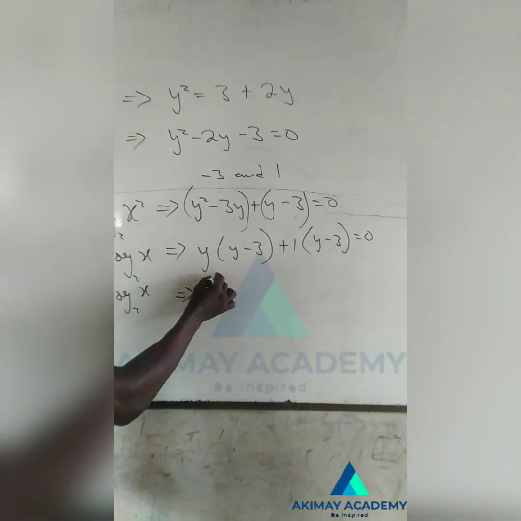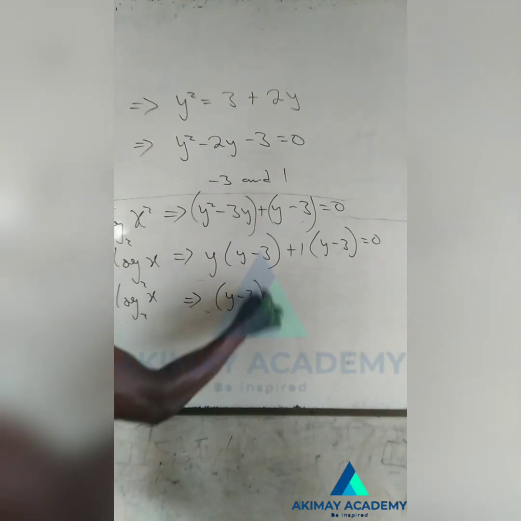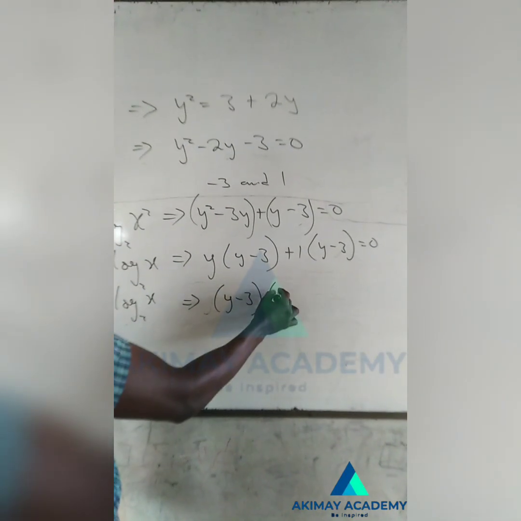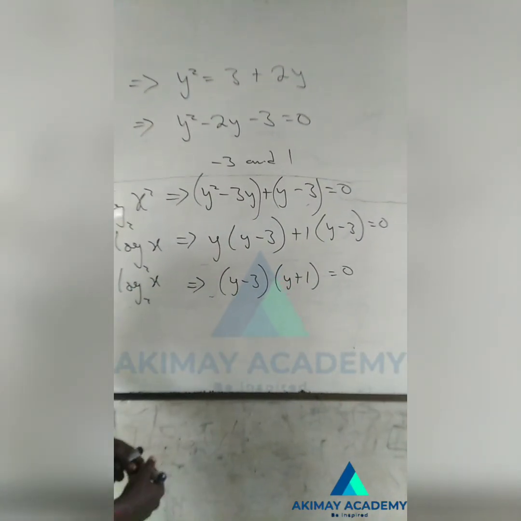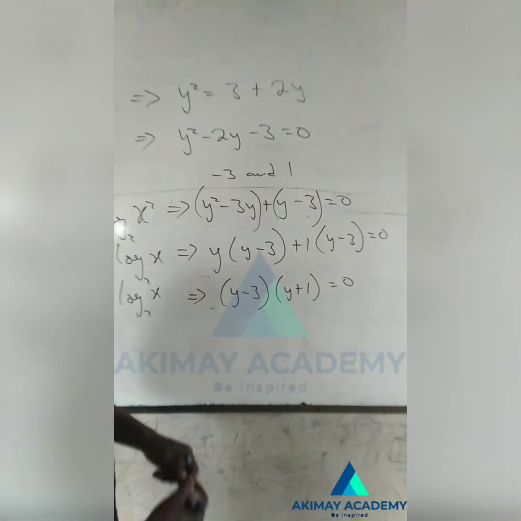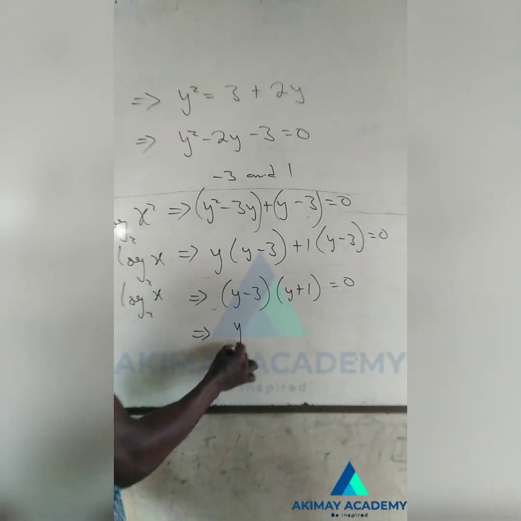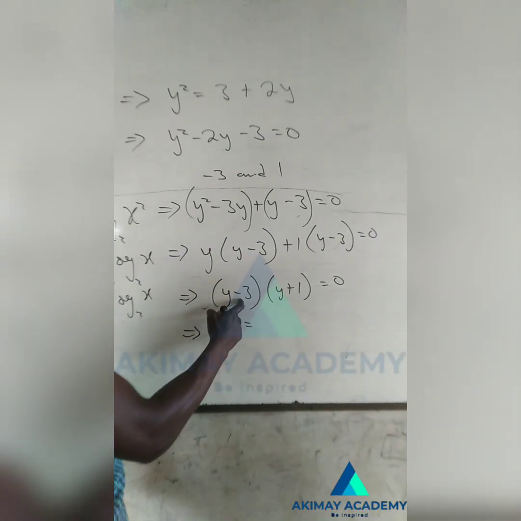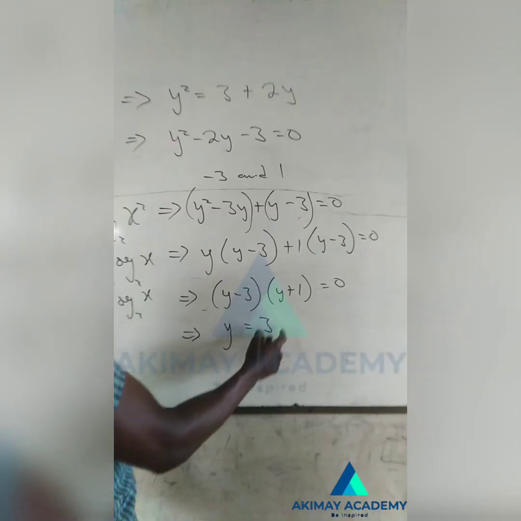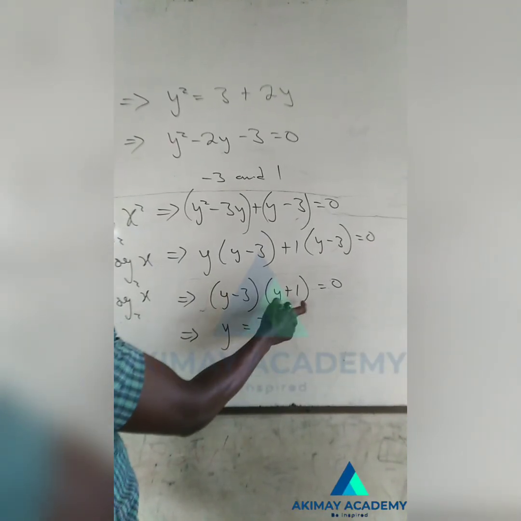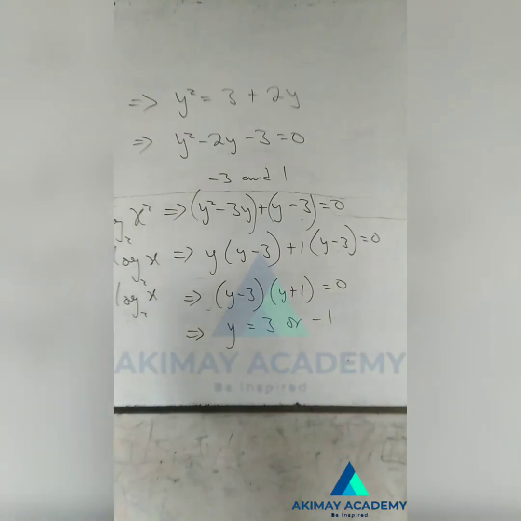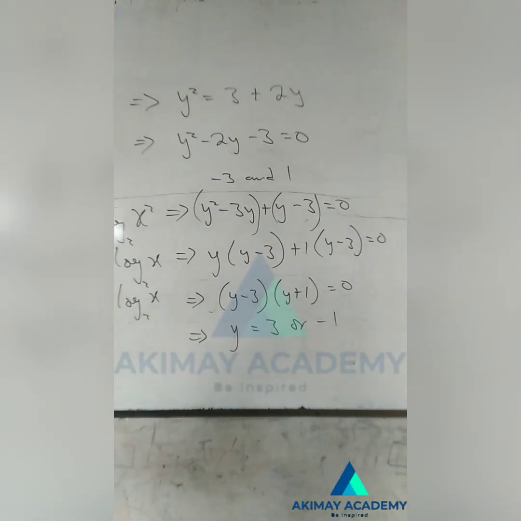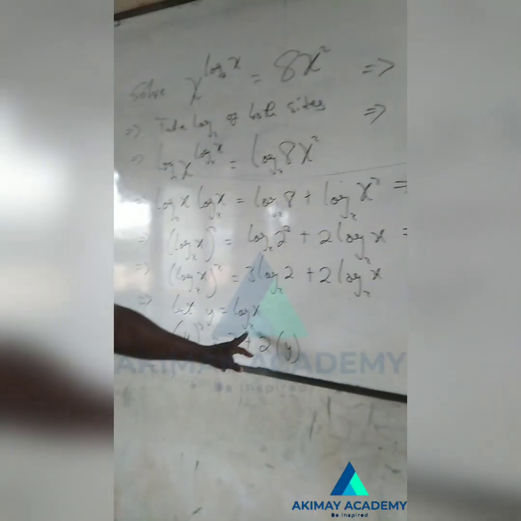Okay. So it's either this one is equal to 0 or this one is equal to 0. Therefore, we have y equals 3 when this one equals 0, or if this one is equal to 0, we have minus 1. But remember that y is representing log x to the base 2.